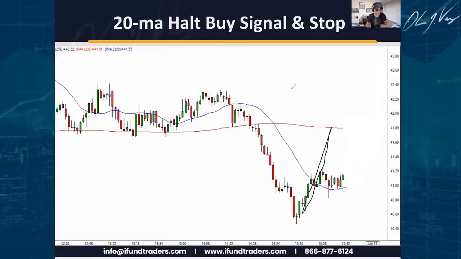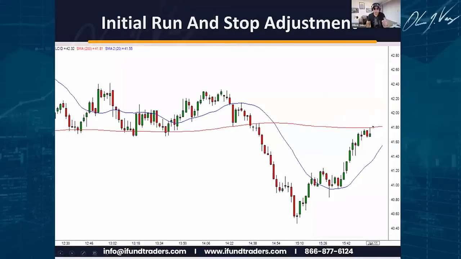All right. So we've got the halt. Boom. Now, the initial run. I'm not finished. On this initial run, if the move is decent enough, let me show you. If the move is decent enough, I have no problem with my traders taking profits. What's decent enough?